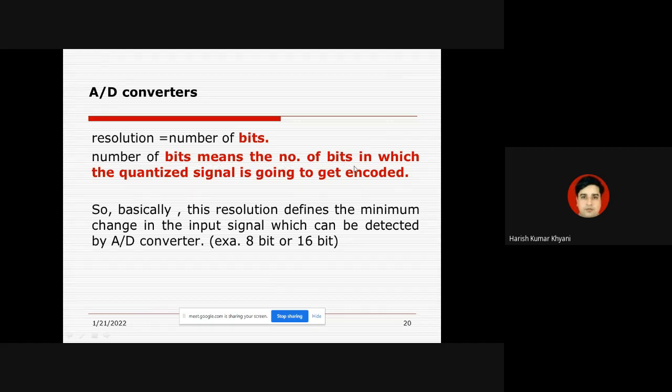The number of bits in which the quantized signal is going to be encoded, right? So basically, this resolution defines the minimum change in the input signal which can be detected by the A to D converter. For example, it may be 8-bit or 16-bit coding. When 8-bit coding is used and when 16-bit coding is used depends upon the resolution, right?